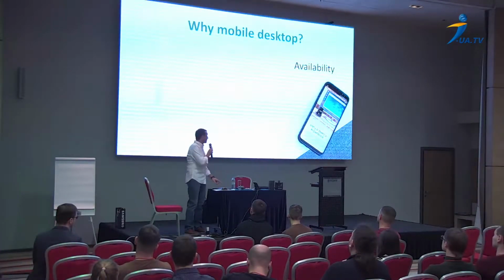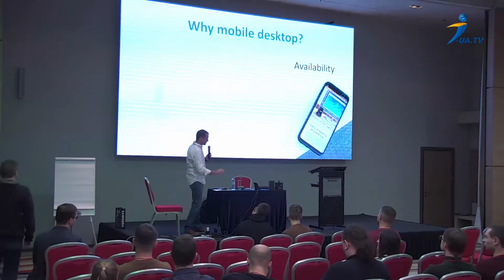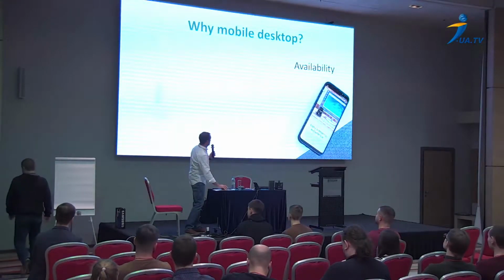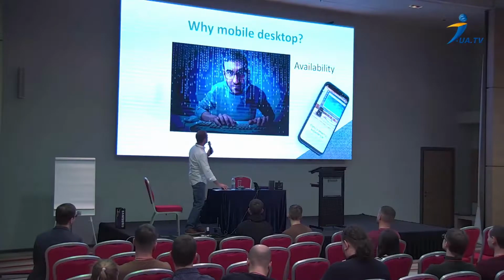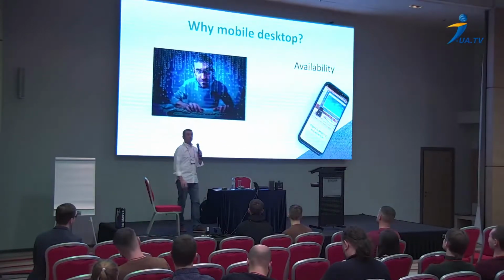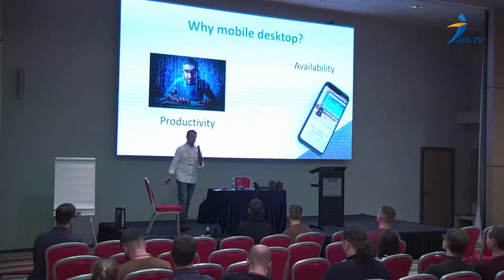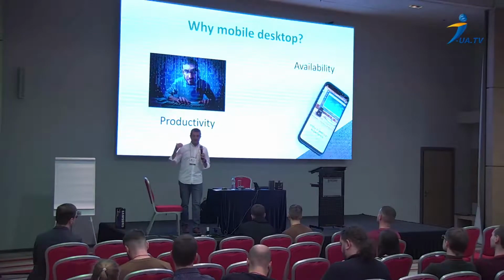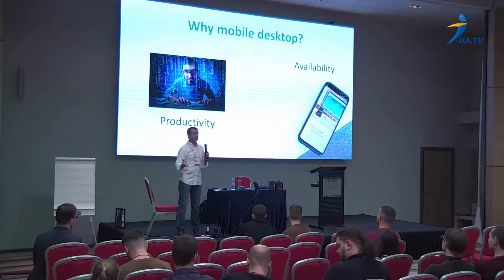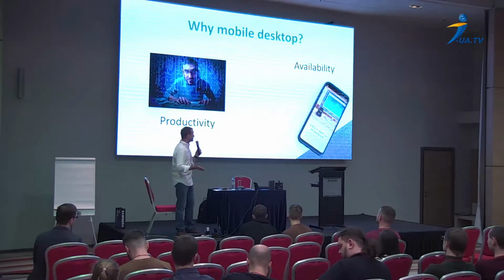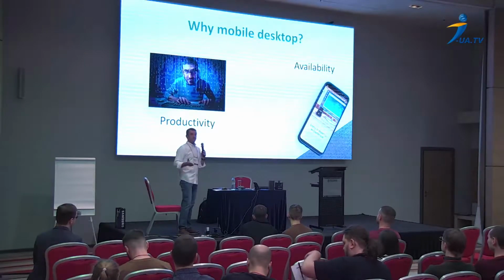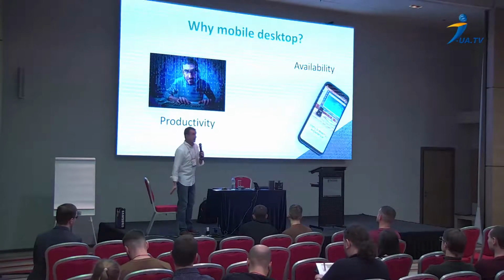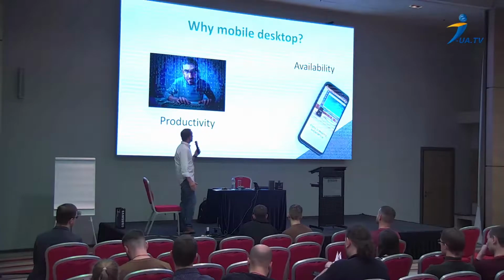However, when you need to do something a bit more elaborate, specifically coding, we tend to use desktop operating systems, right? We need physical peripheral devices like a mouse and a keyboard, just because we're a bit more productive in that case.